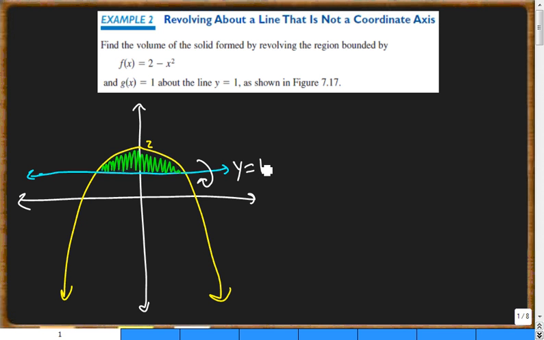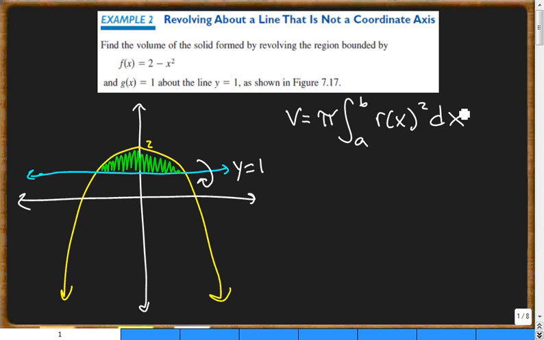So in this case, our volume again is pi times the integral from a to b of our radius of x squared, or you might write it as r of x squared.